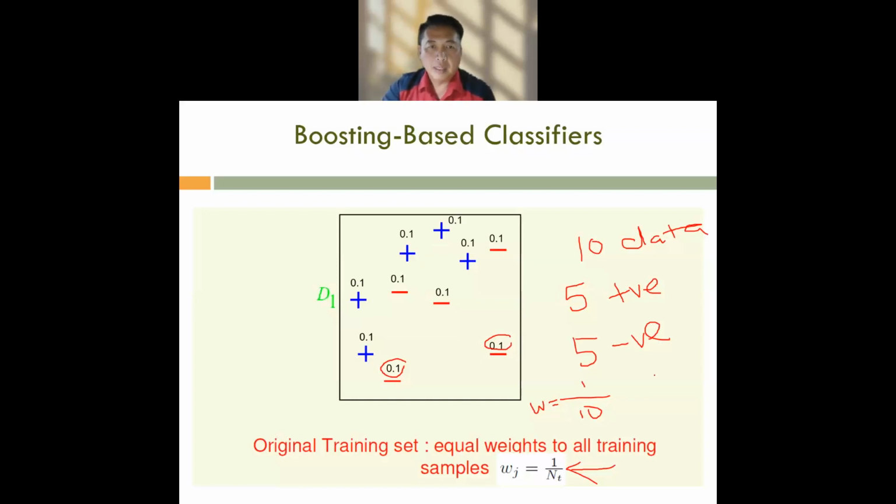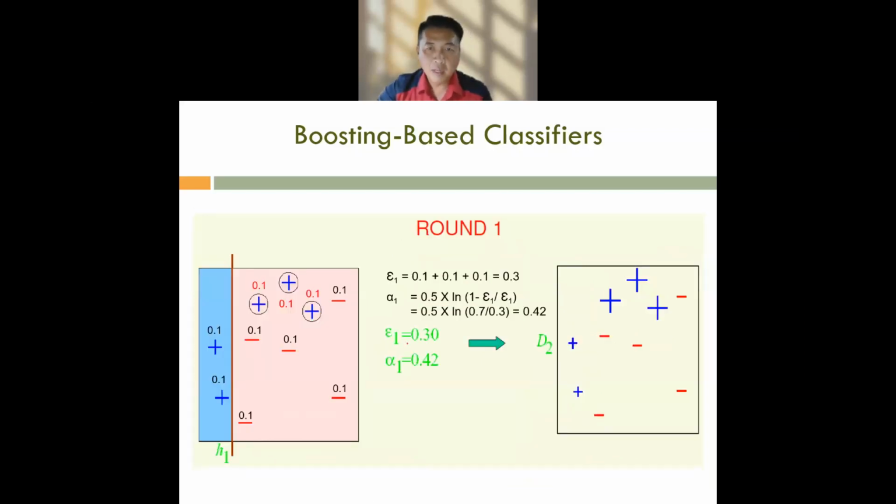Then let's suppose we use one classifier. The classifier says that whatever is on your left will be positive, and whatever is on your right-hand side will be negative. We notice that these three are not correctly classified.